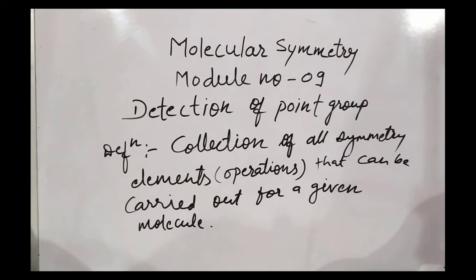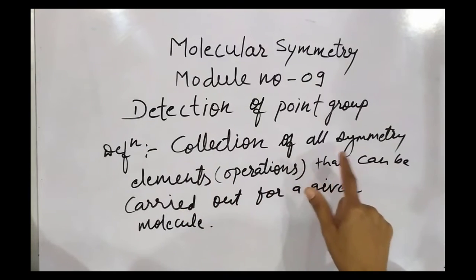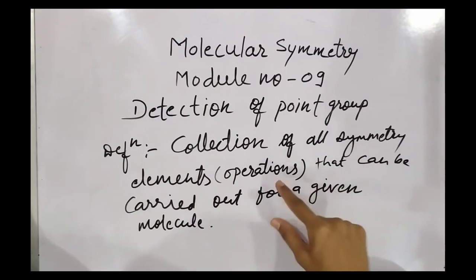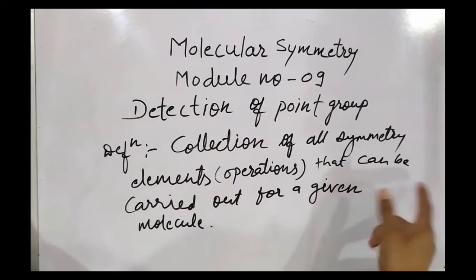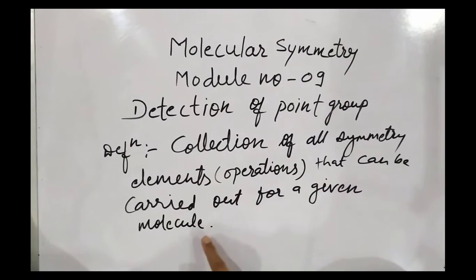How can we define the point group? As I have told you, it is nothing but the collection of all symmetry elements or symmetry operations that can be carried out for a given molecule.